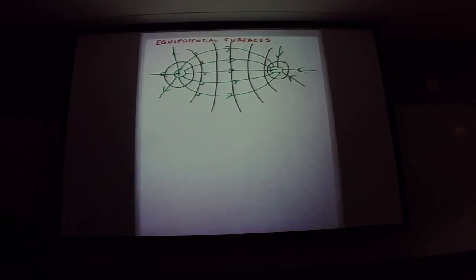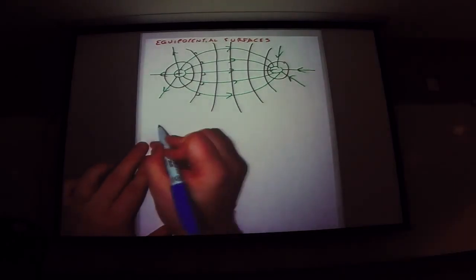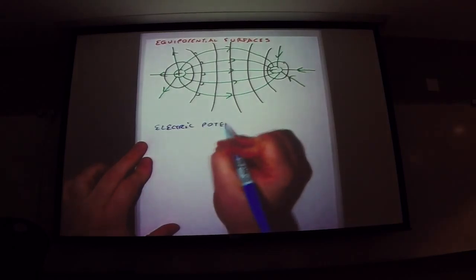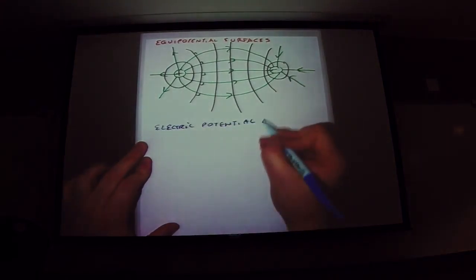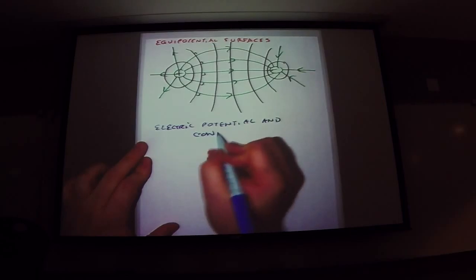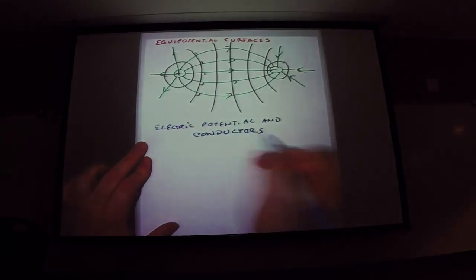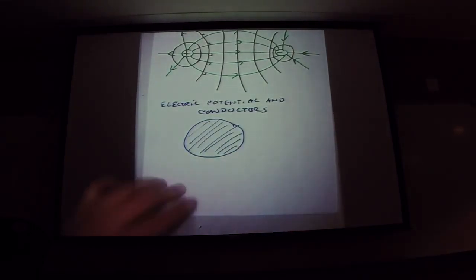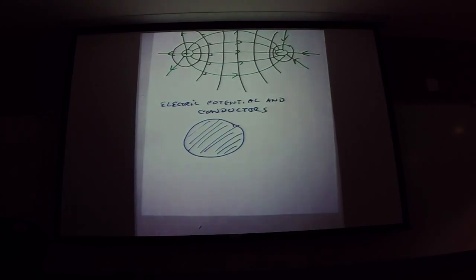And then one other corollary to this was electric potential in conductors. If I have a conductor in what I would call an electrostatic situation, in other words, the charges move and stop.